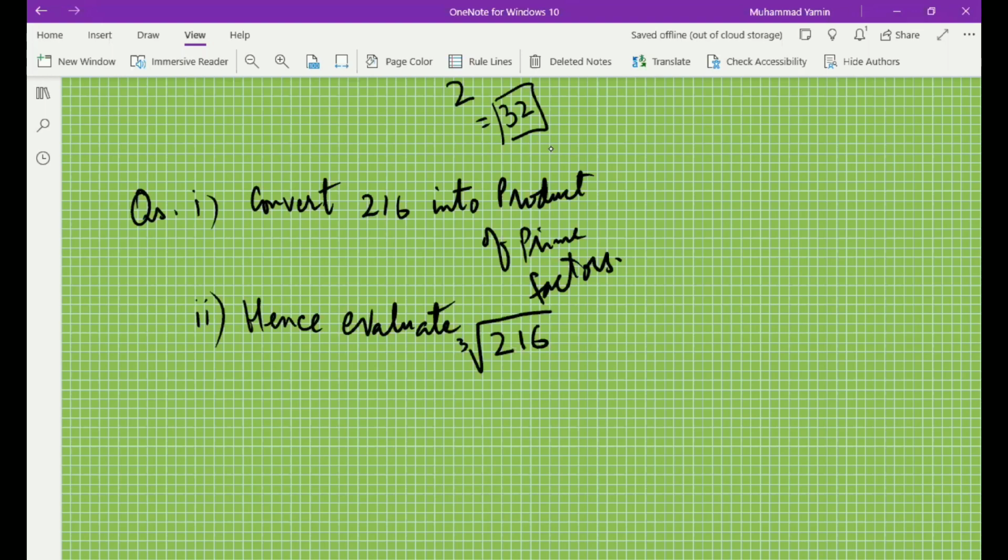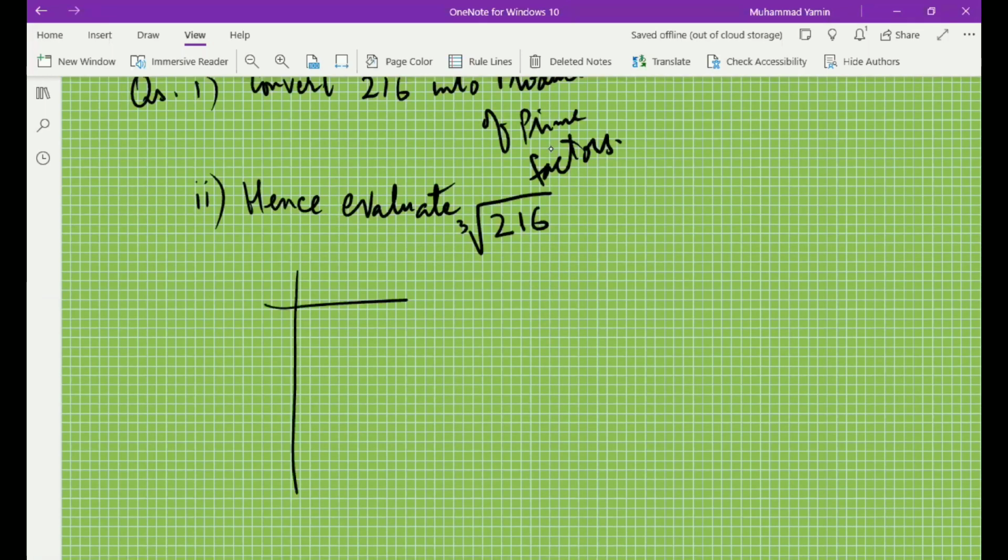Now, starting with first thing, 216. I'm doing it in this way first, factorizing 216. We can start with 2 again because 6 is the last digit, which is the even number. It tells that 216 is an even number. So I'm starting with 2. In the table of 2, 2 comes at 1. Then 1 is there, but 1 is not available in the table of 2.